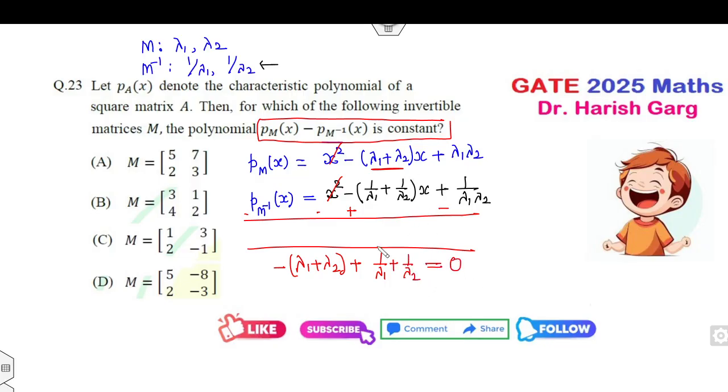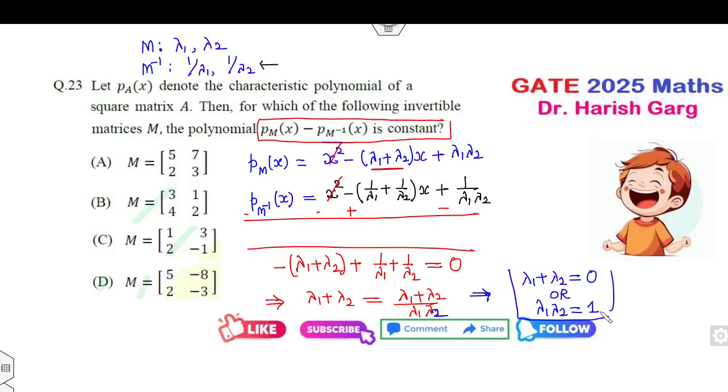Now you can solve that. It will be lambda 1 plus lambda 2 equal to something divided by here. Is it okay? Now what does it mean? It means the sum of the eigenvalues will be 0 or the product of the eigenvalues is 1. Fine. So this is the condition.